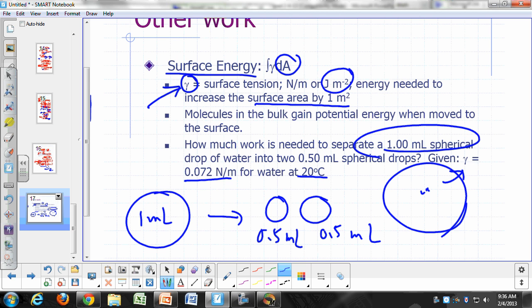The volume remains the same, but your surface area now changes, right? What's the formula for surface area of a sphere? 4 pi r squared. The volume of a sphere is 4/3 pi r cubed. Okay, so let's make that another homework assignment.